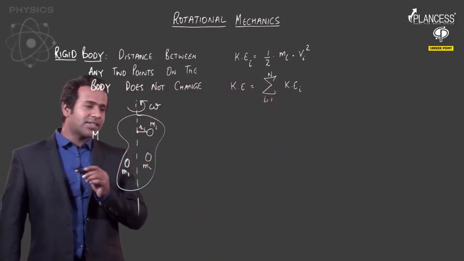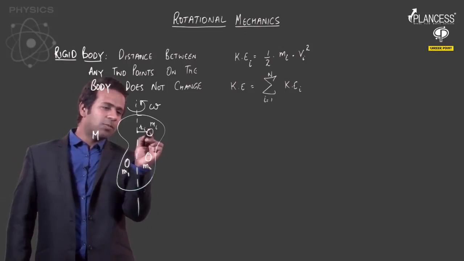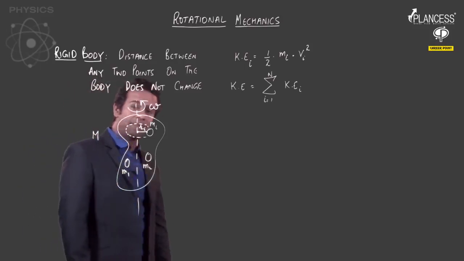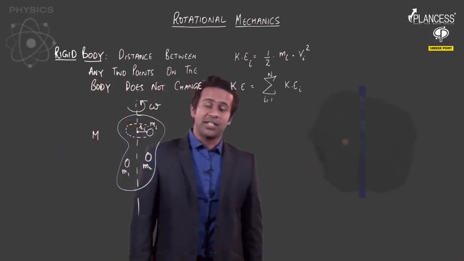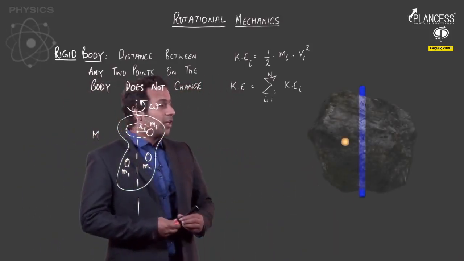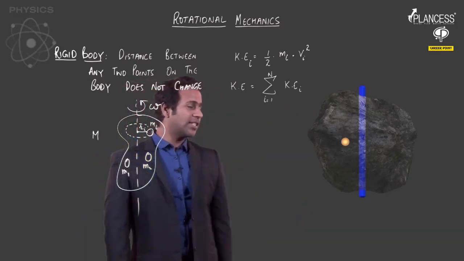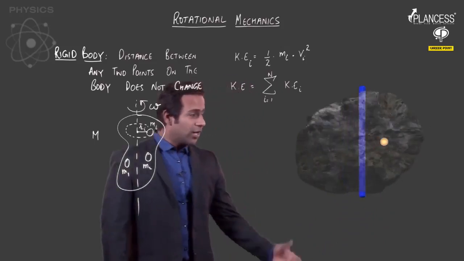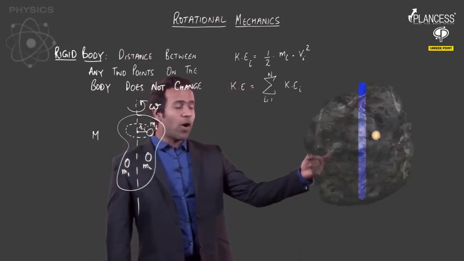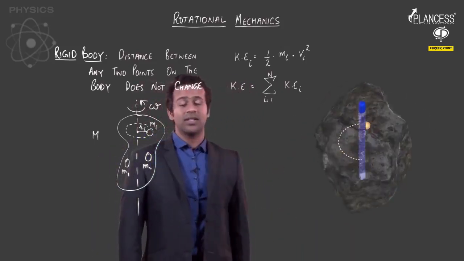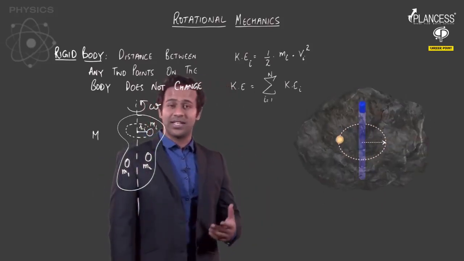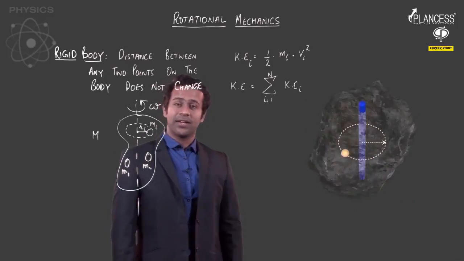So if Ri is the distance, I hope you can imagine this body would go in a circle of radius Ri. Look at this animation to understand this better. You see the axis of rotation, the entire body. Now, if I give it a spin, you can see that this point traces out a circle, and the radius of the circle is nothing but its distance from this axis, right?